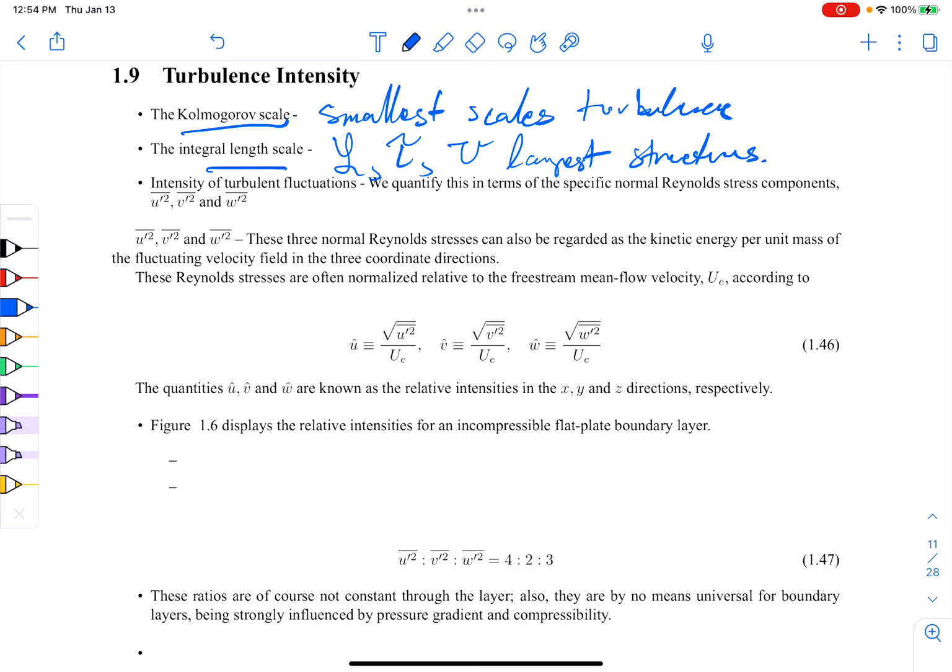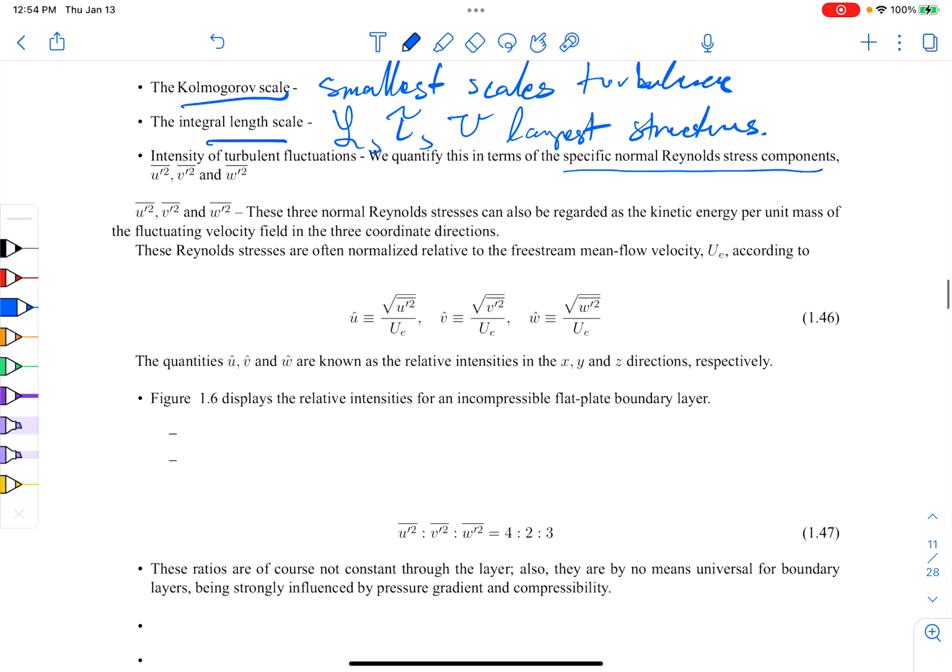So we still need to introduce a few other concepts before we get there, but one is the specific normal Reynolds stress components. And last time we did introduce the Reynolds stress. Remember u_i u_j bar, and if we set i equals j, then we would get these terms like u_i prime bar squared.